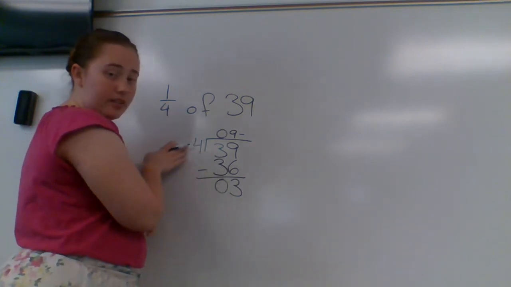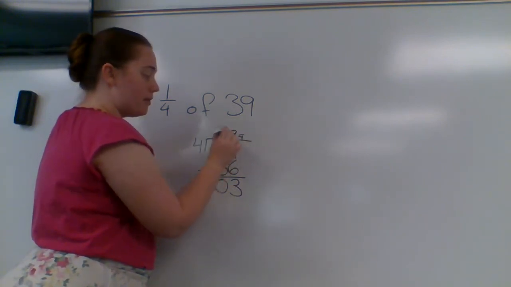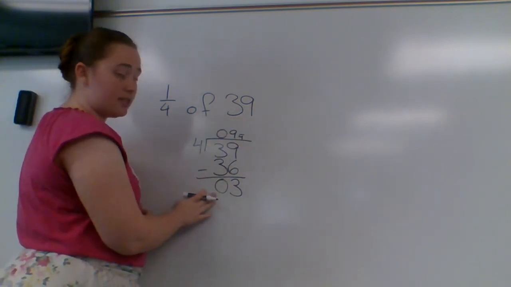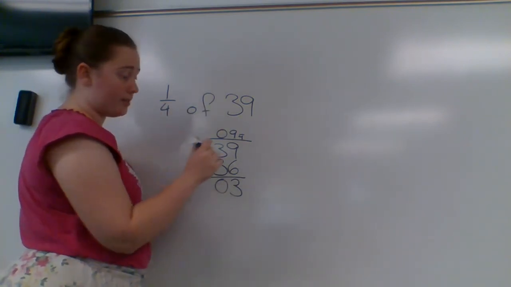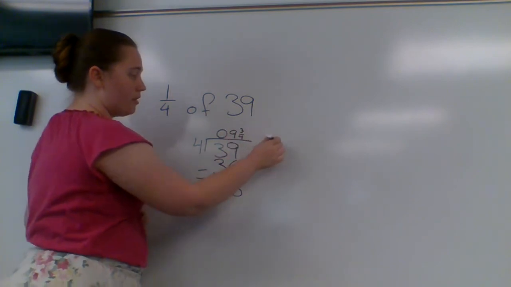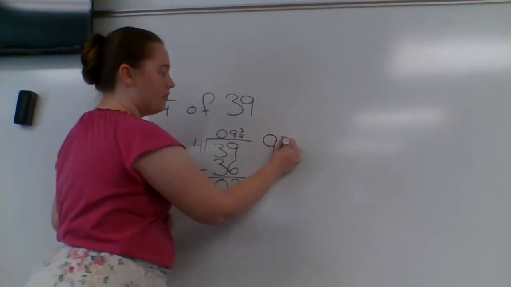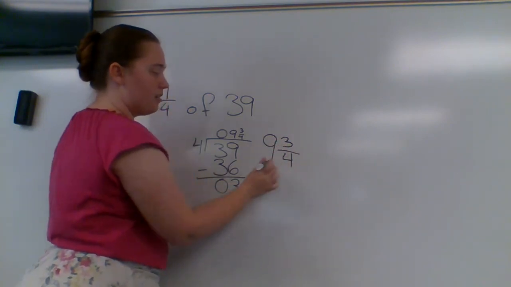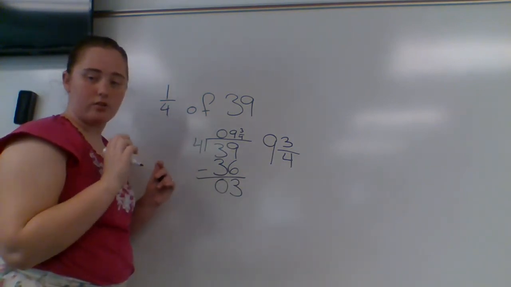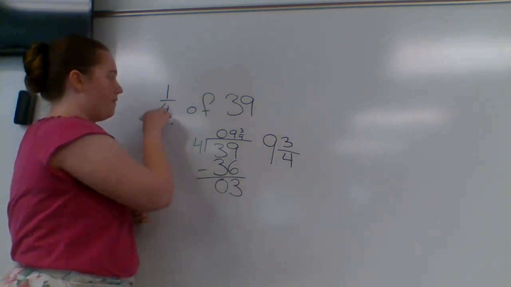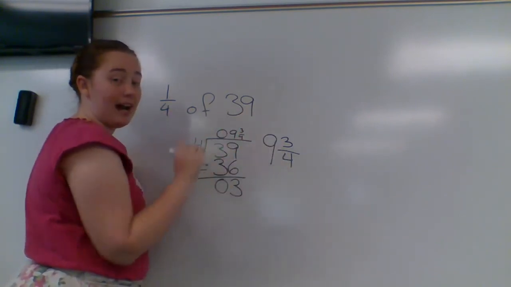So 4 in this case is going to be your denominator. And this number down here, your remainder, is going to be the top number of your fraction, your numerator. So your answer, write it bigger so you can see, is 9 and 3/4. That is the fractional part of 1/4 of 39. So 1/4 of 39 is equal to 9 and 3/4.